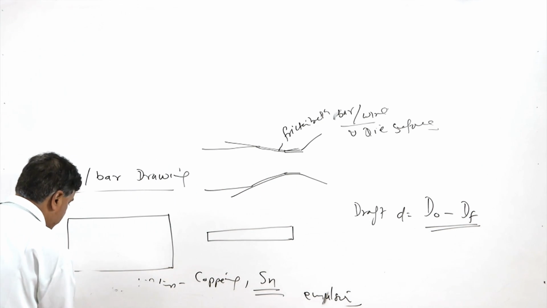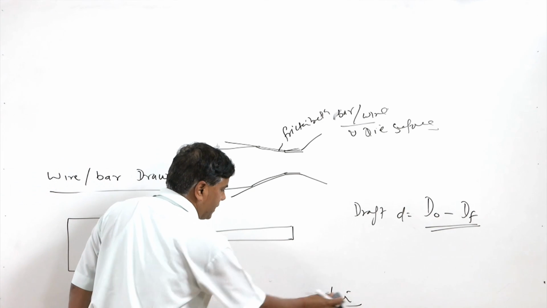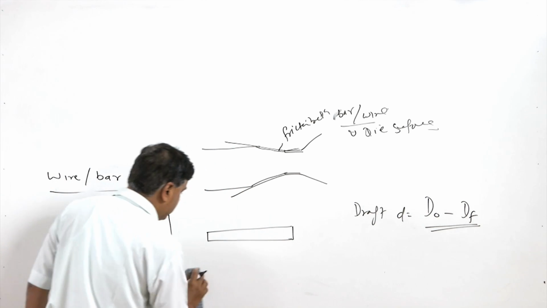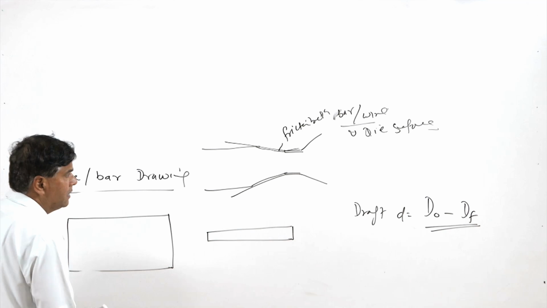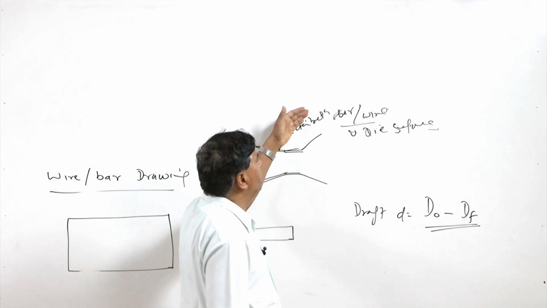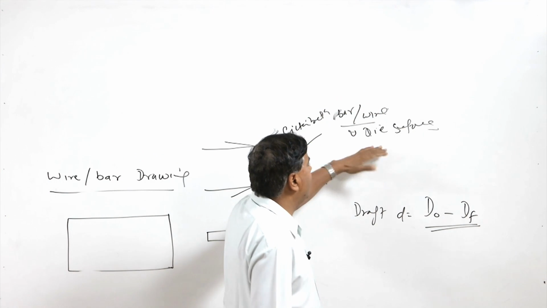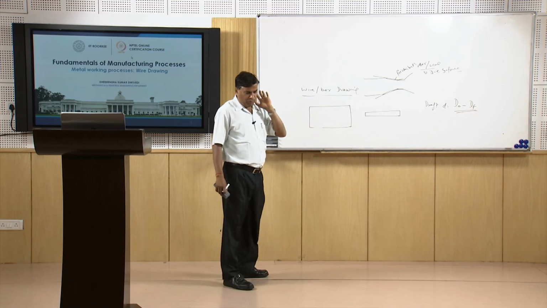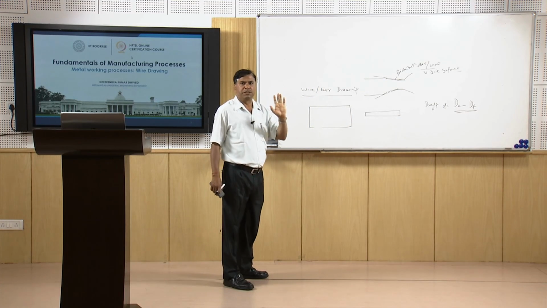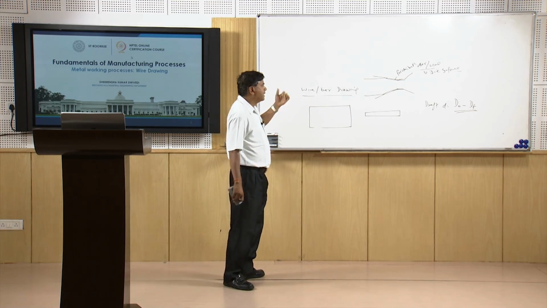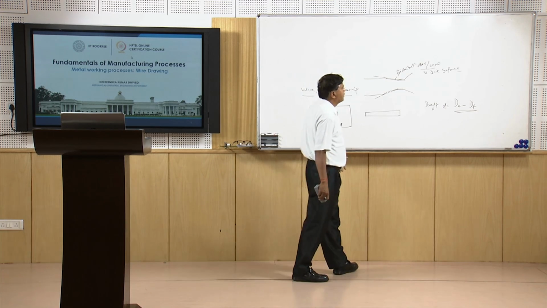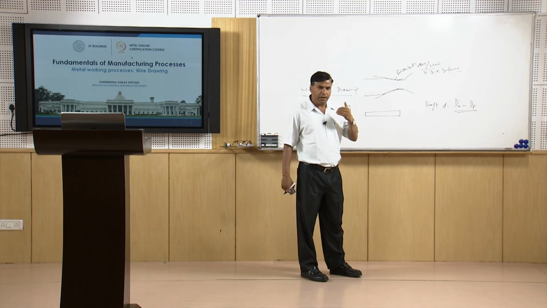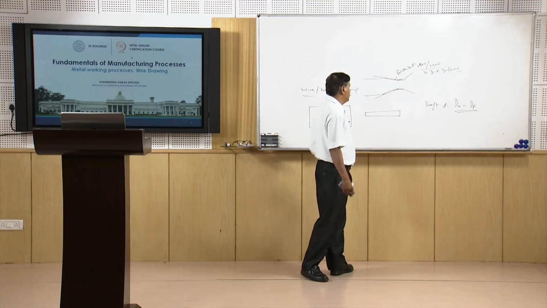The basic purpose of applying the lubrication is to reduce the friction between the bar or wire and the die surface, so that the movement of the wire being drawn inside the die can be smoothened, and the power required for wire drawing can be reduced.